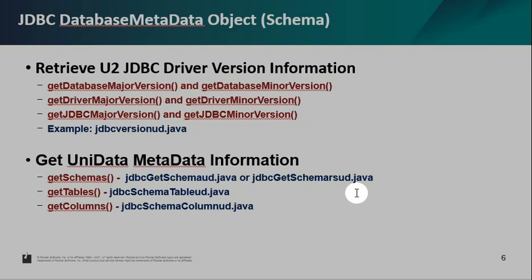We put the JDBC driver version information inside the database metadata object, so I have an example showing how simple it is to get the database version or the driver version. For UniData metadata information, most commonly you will try to get a schema, or use a table or a column to get the information. I will show you in my demo.